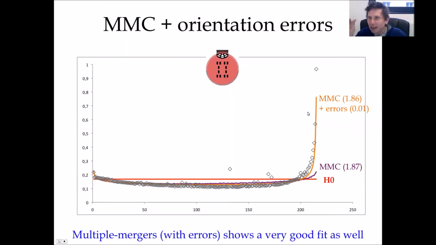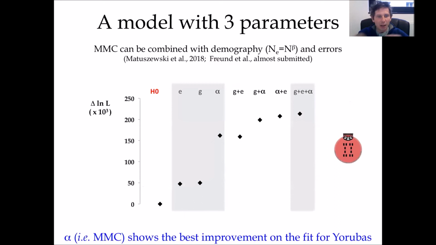So by playing with that parameter, maybe you gain an explanation, and you can even add demography onto that. And what you could do is see, in a likelihood framework, what is the gain of likelihood of adding orientation errors, growth, so demography, and these multiple merger components. So see, that's a gain in log likelihood.